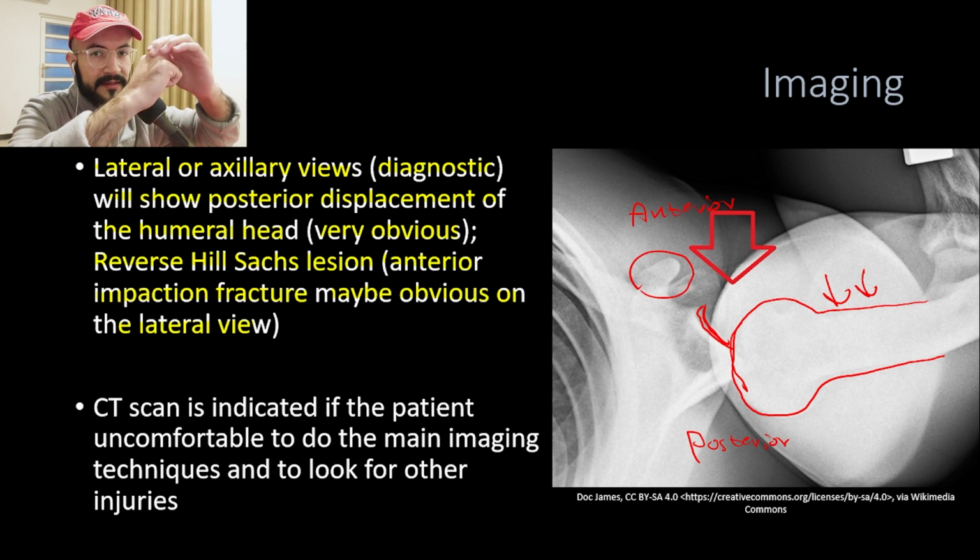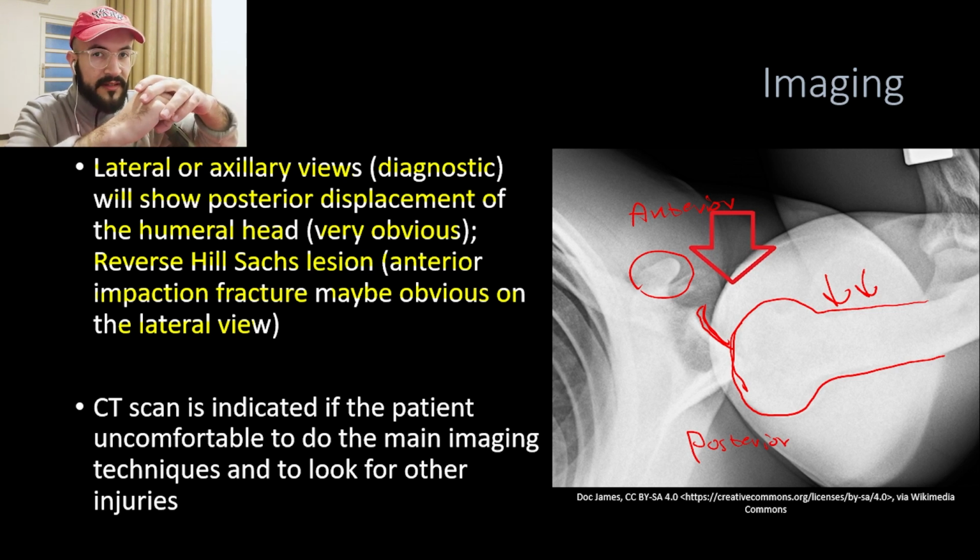And during that, the anterior side of the humeral head, which is this, would rub off the edge of the glenoid, or the rim of the glenoid. So it would hit the rim of the glenoid, and this might lead to an impaction fracture in the anterior side of the humeral head, which is called the reverse Hill-Sachs lesion.